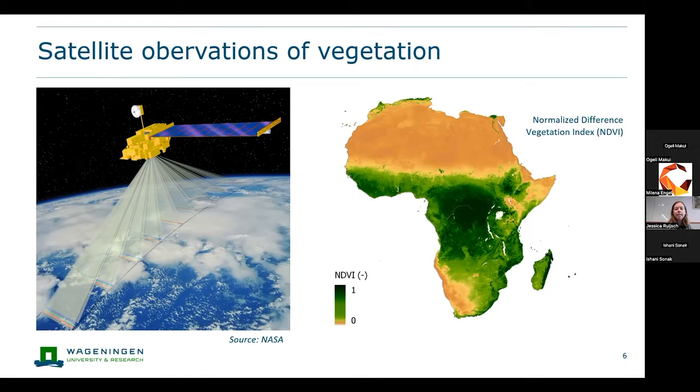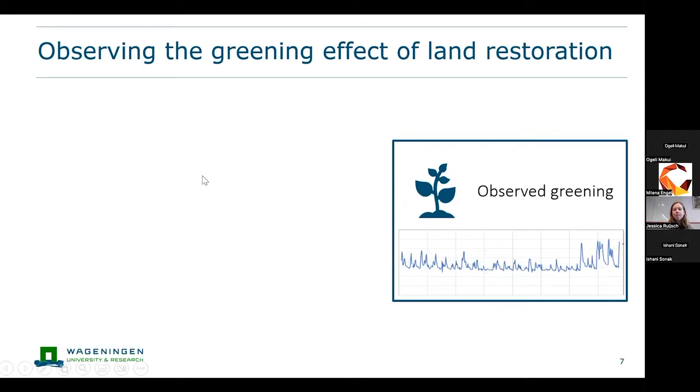And each 16 days, these kind of maps of Africa or the whole world are created of vegetation greenness. And if you look at that through time, you can say how vegetation develops over time. Yeah, so then you get these time series for a certain location of observed greening.